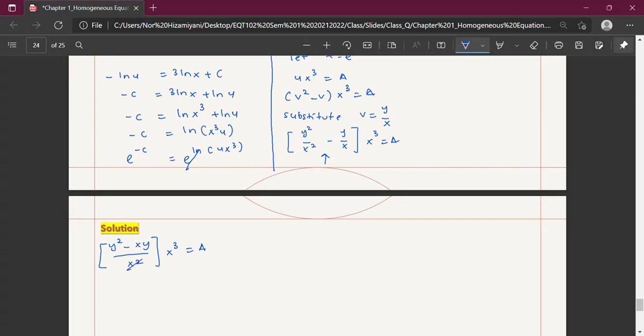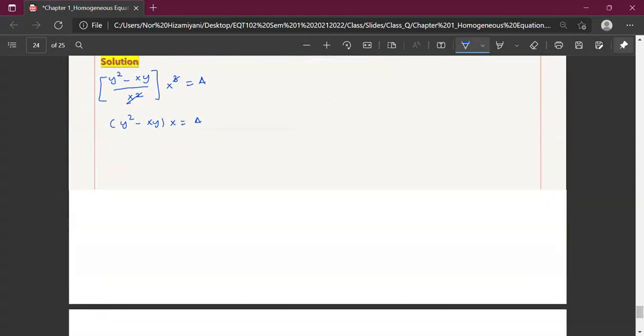Now you can just eliminate x cubed divided by x², you will get x. And then you can just leave your answer like this, (y² minus xy) x equal to a. So this is our general solution. If you want to multiply x inside your bracket also can. It doesn't matter. So this is the general solution.